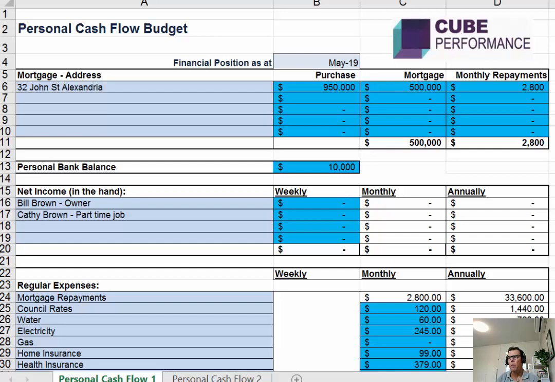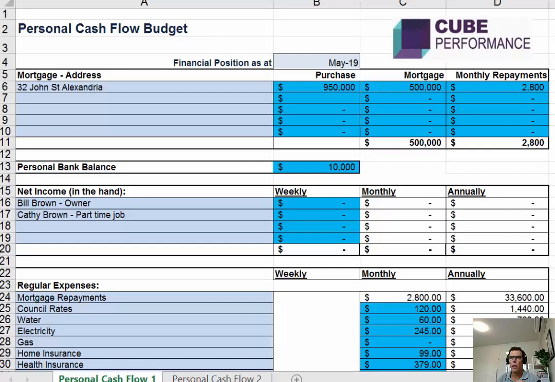From a business owner perspective, we need to understand what the business should be providing us on a weekly, monthly basis to ensure that we're covering ourselves on the home front. Pretty simple spreadsheet. All you need to do is enter information in the blue cells.